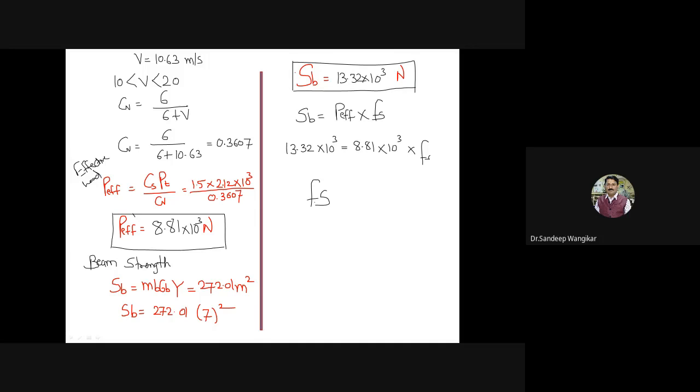The FS value is given in the numerical as 1.5, but after calculation of module, we are calculating FS by considering all our calculations. Because we assumed velocity as 5 and CV as 3 upon 3 plus V in the numerical. But actually the velocity is 10.63. CV formula is 6 upon 6 plus V and the calculations are changing. Therefore we are calculating here the factor of safety.